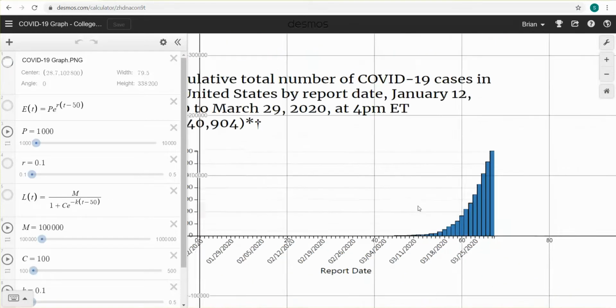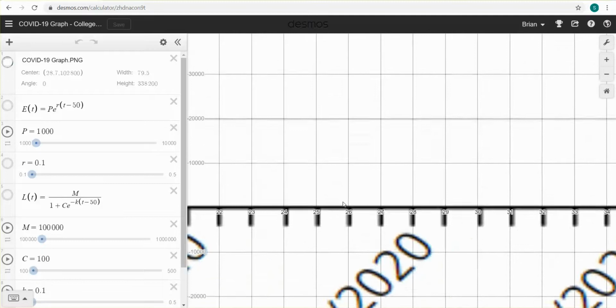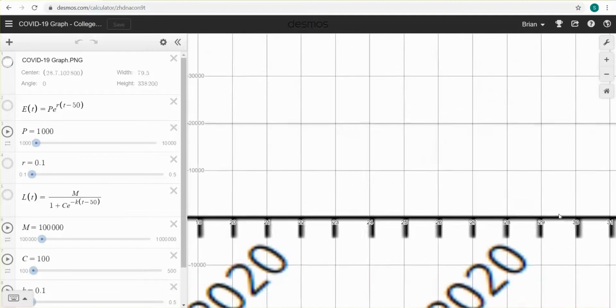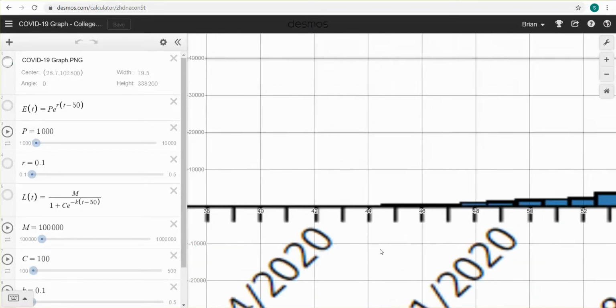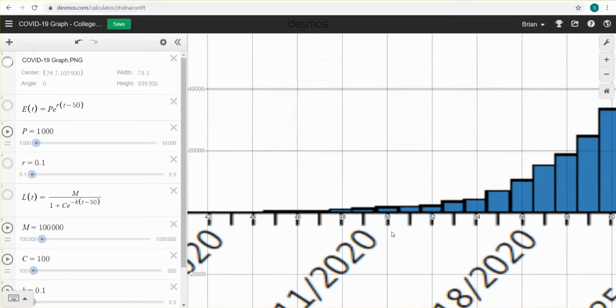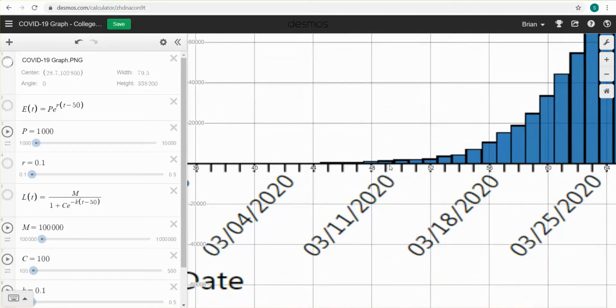You can zoom out. As I was talking about, there's hardly any data at all until you get to about day 50. You can see that day 50 is right here. That would correspond to March 12th. March 11th is this data value right here, which is day 49. March 12th is day 50 here.